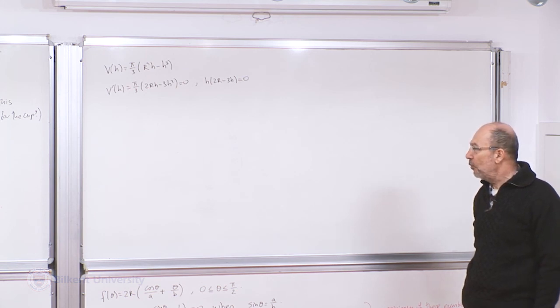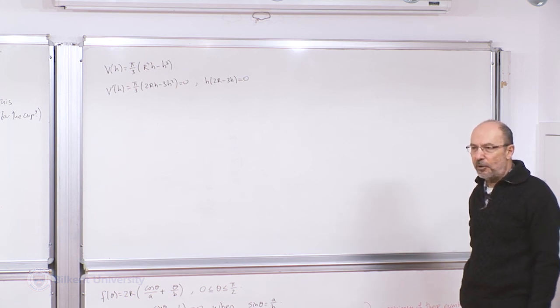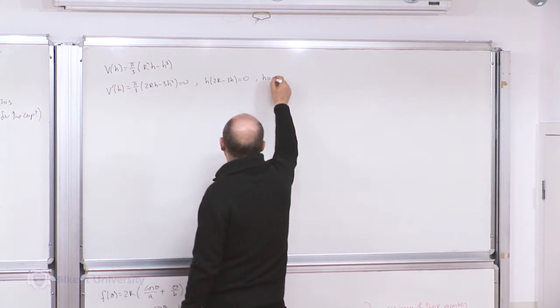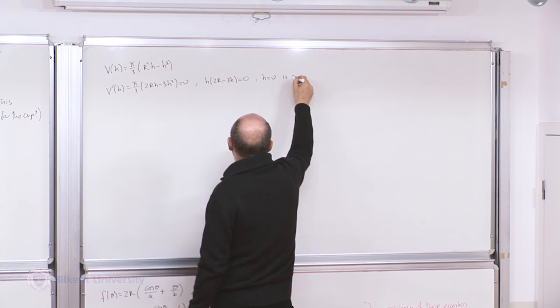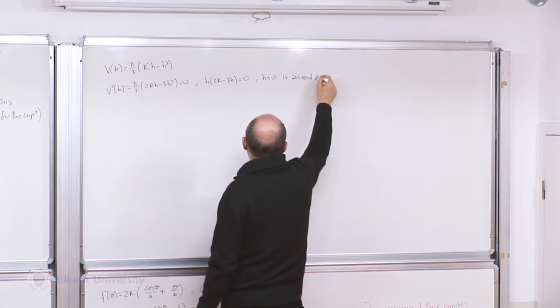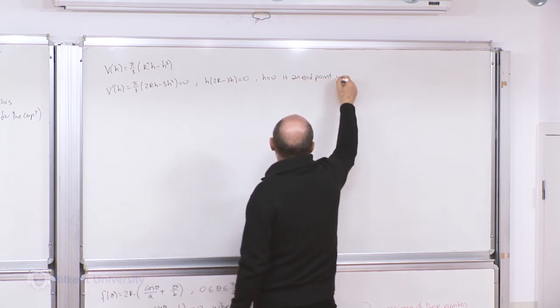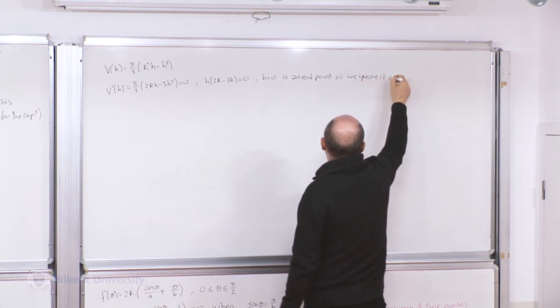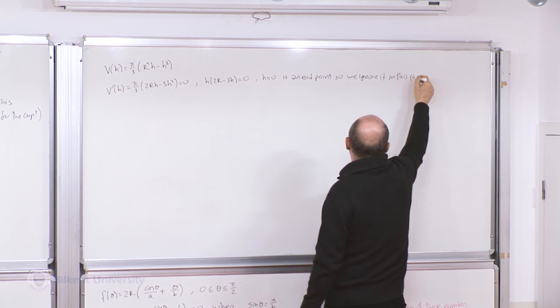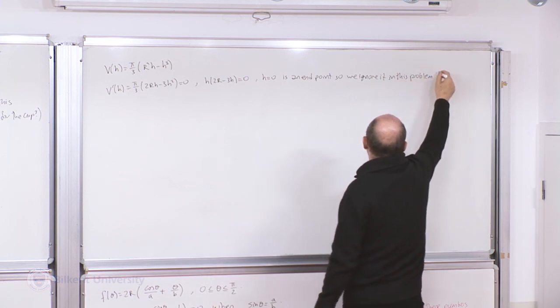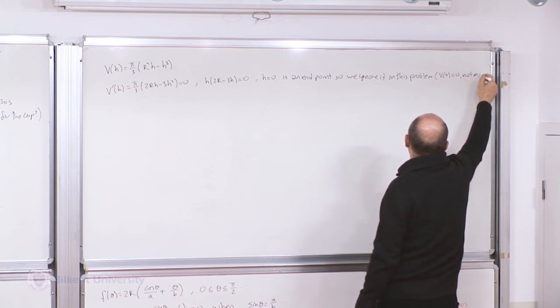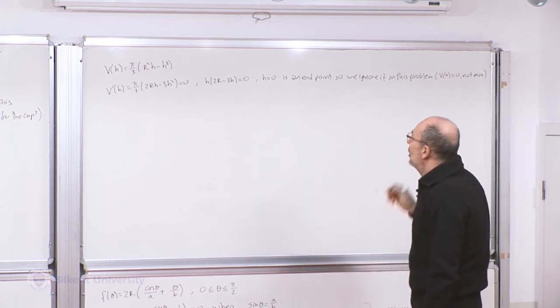The other critical point is at the endpoint, as far as we are concerned. So h equals 0 is an endpoint, and we ignore it in this problem, because V(0) is 0, not the maximum.